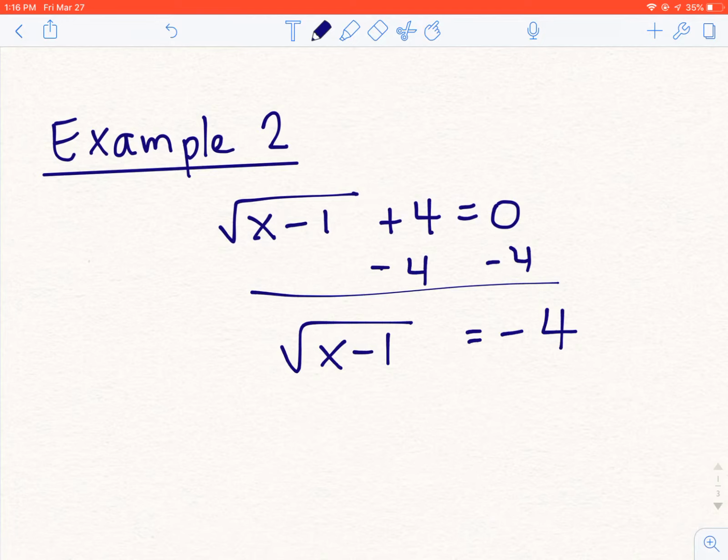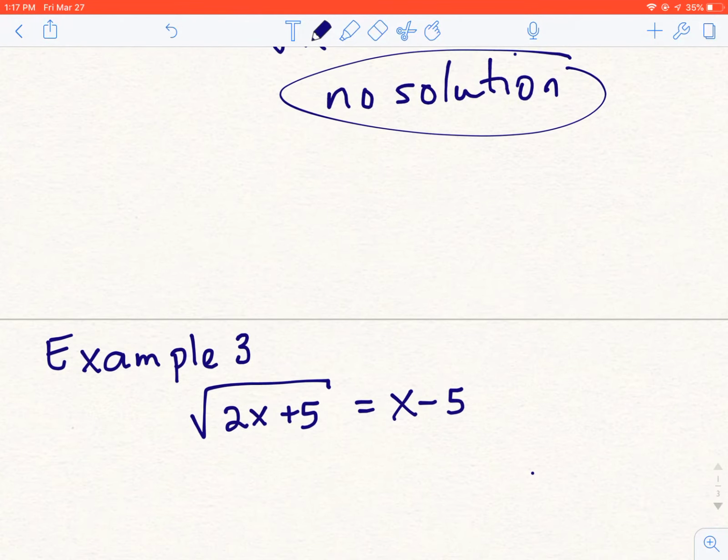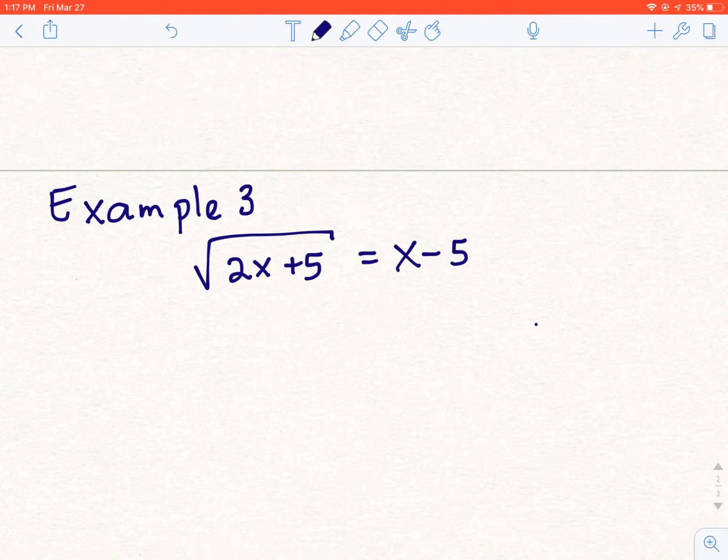The square root is equal to a negative number. We always just want the positive root. So right there I can quit and I can say no solution. Okay?